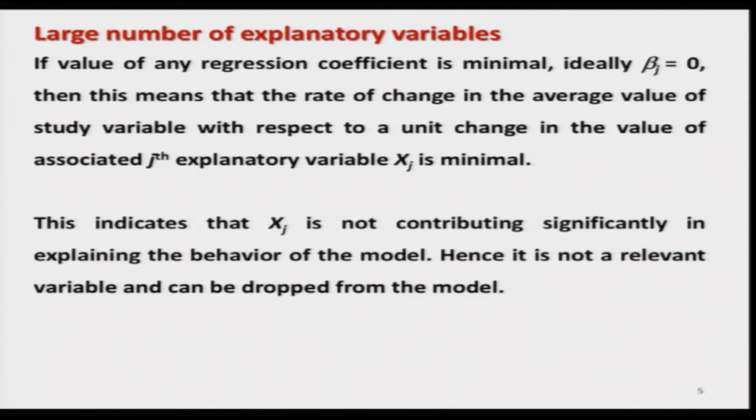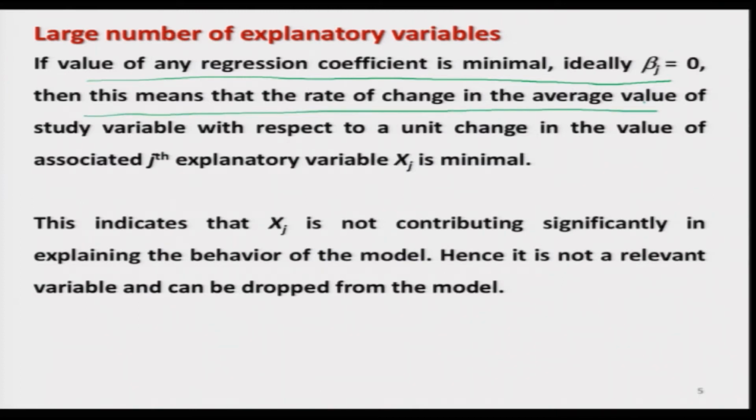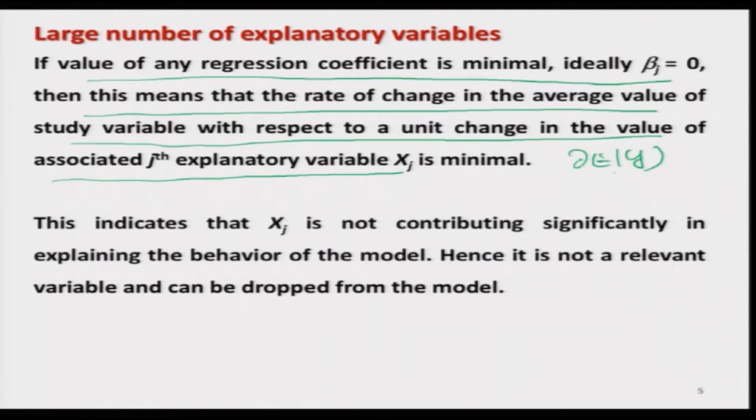So, we know that if the value of any regression coefficient is very small, say ideally beta j is equal to 0, then this means that the rate of change in the average value of the study variable with respect to a unit change in the value of the associated jth explanatory variable x j is very small. You have done that partial derivative of the expected value of y with respect to x j is equal to 0.